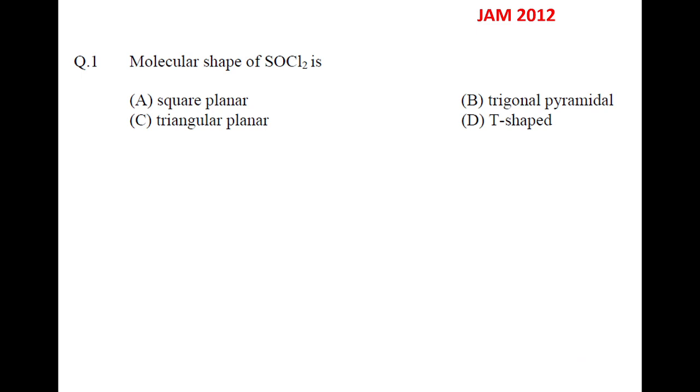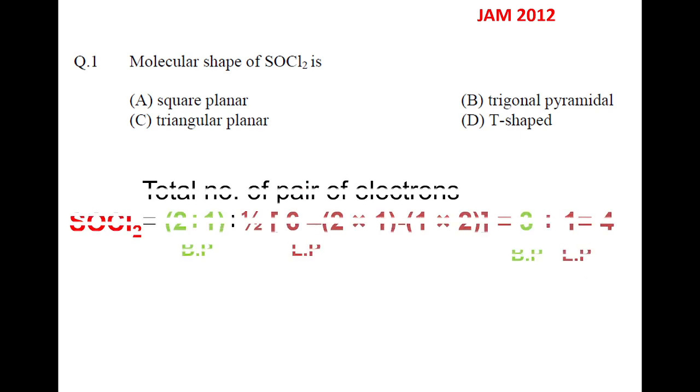We have the options given: square planar, trigonal pyramidal, T shape. Similarly, we have to calculate the number of bond pair and lone pair of electrons. Here two types of surrounding atoms are there. Oxygen is one surrounding atom, and two chlorines are the other two surrounding atoms. So total surrounding atoms will be 2 plus 1, 3.